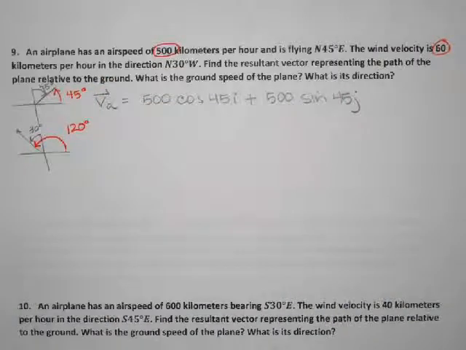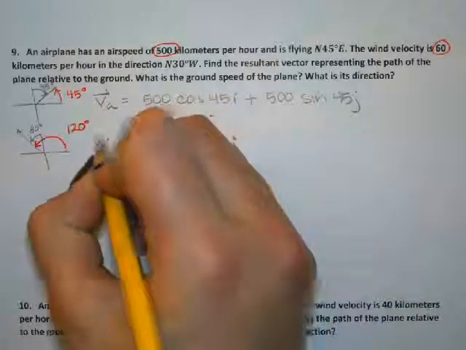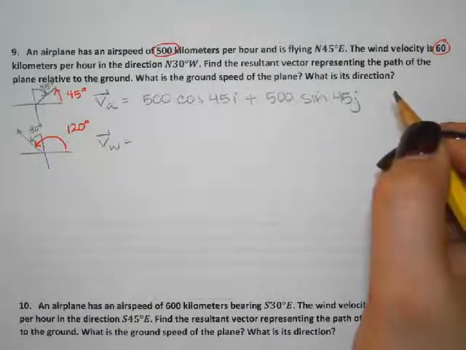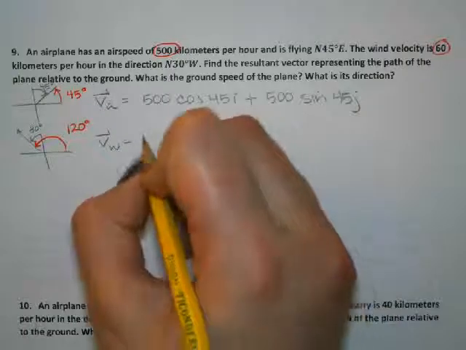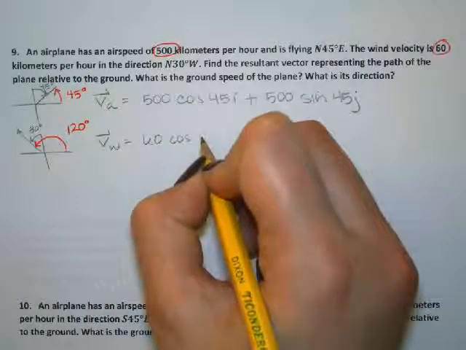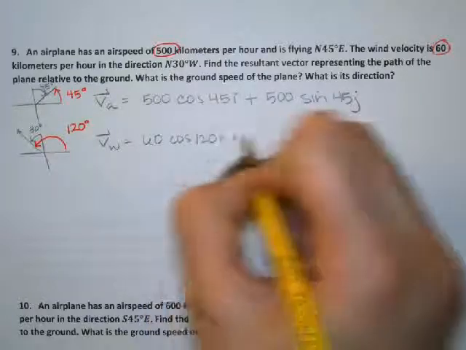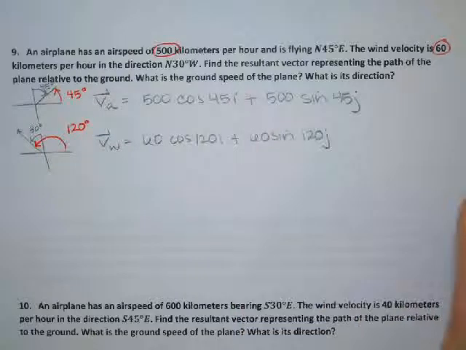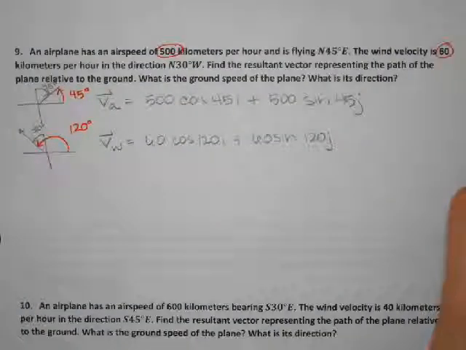Okay, so now I'm going to say the vector of the wind is what? Plus 60 sine 120 j. Okay. Now it says what?